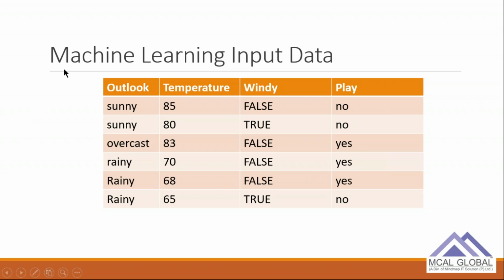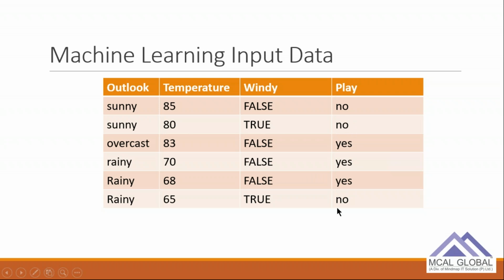So let's talk about supervision. You already have this data. This data has been supervised by someone, it can be from your past experiences, but someone has supervised that when the outlook is sunny, the temperature is 85, and it is not windy, I'll not go to play, or someone doesn't go to play. When it is sunny, the temperature is 80 and it is windy, I'll still not go to play.